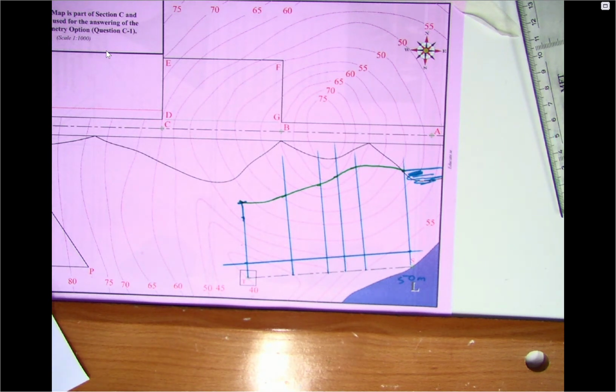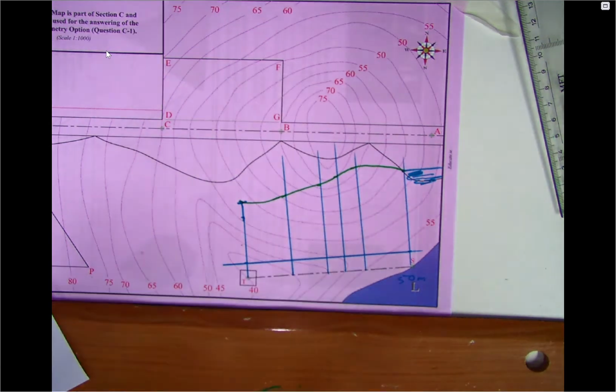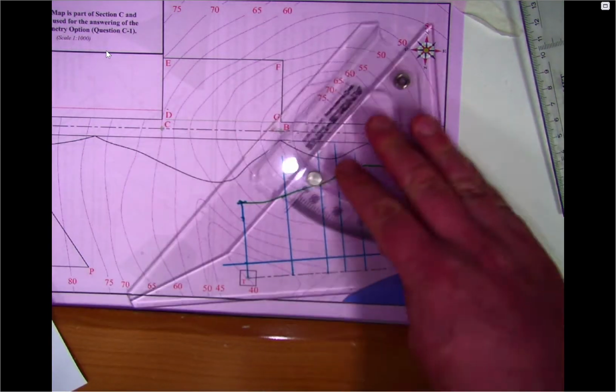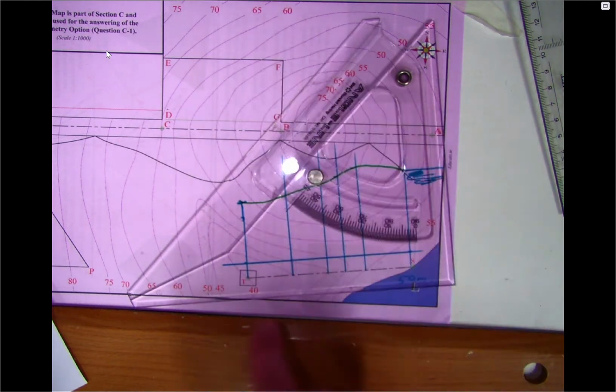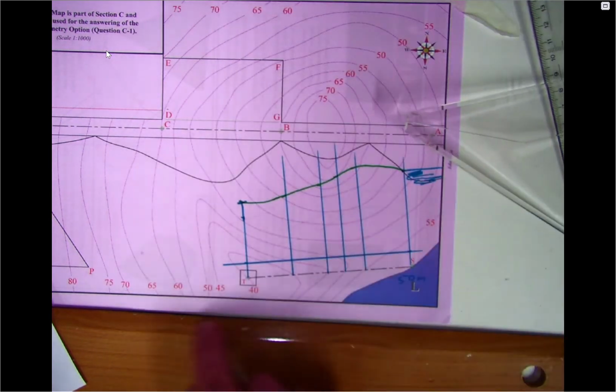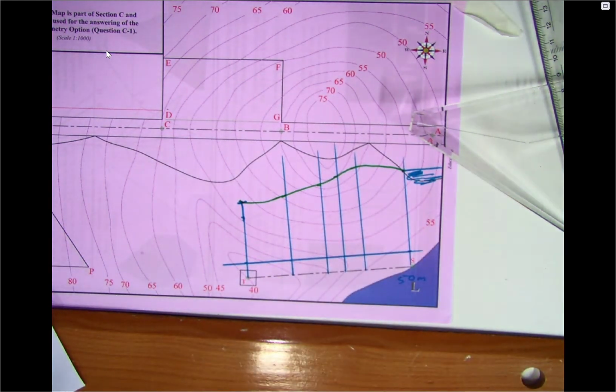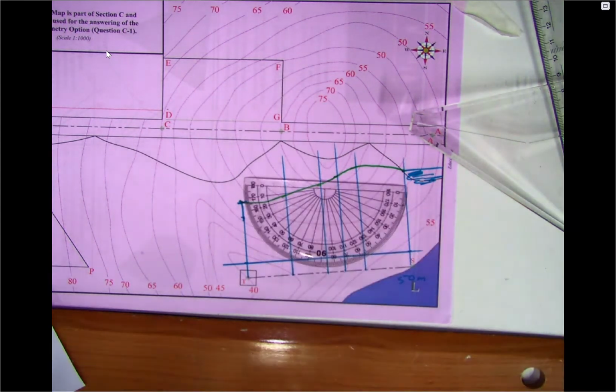line, what I need is a protractor. I can't use my adjustable set square, because the problem with my adjustable set square is that if I set it to 10 degrees, it's 10 degrees off the straight across T-square, rather than 10 degrees off this line. So I need to get my protractor. So I'm just hoping I have one here. Yes, I do. Okay, so this is my protractor.